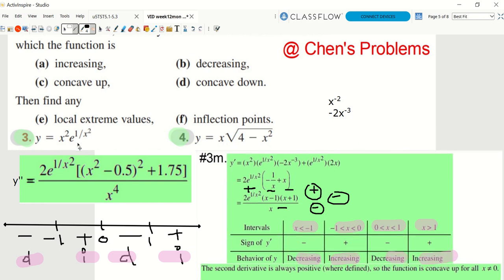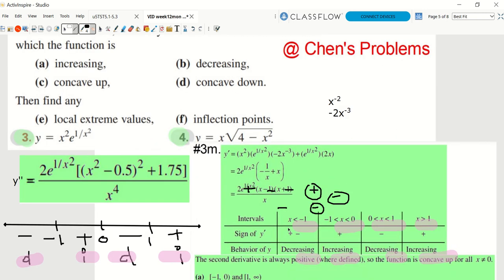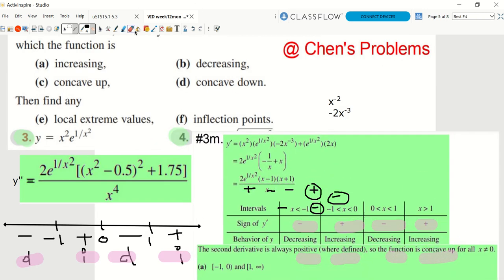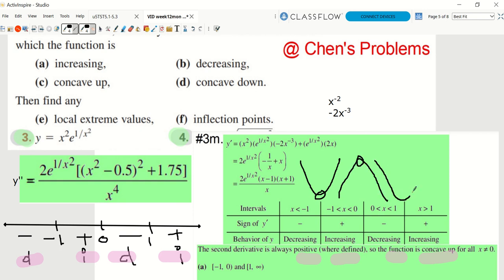So lastly, folks, local extreme values, going back to here, is where you have a sign change, going back to f single prime. I should have actually talked about E after B. If you have a negative slope and then a positive slope, this is a local min. If you have a positive slope, then a negative slope, this is a local max, and this is a local min.